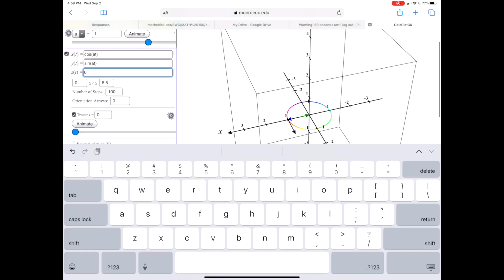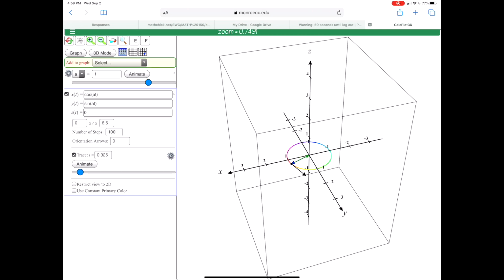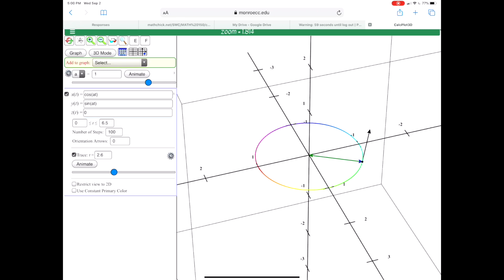Okay, so now let's take a look at what happens as we move t. What we're looking at is the blue arrow, that's the terminal point of the vector. As t goes backwards, it's going like this.